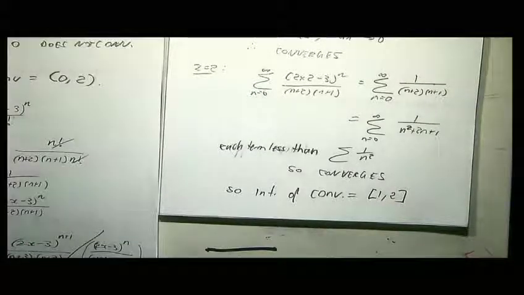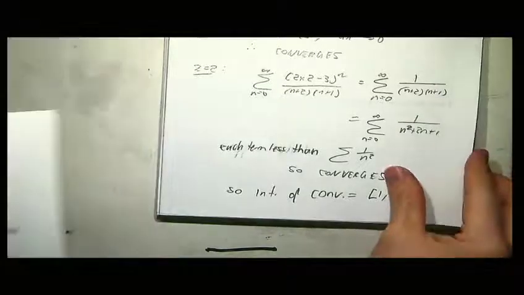The other thing that can happen is it will converge at one end and not the other, and that will usually happen when, if this came out as a 1 over n, then this end wouldn't converge because it's a harmonic series, but the other end would because it's the alternating harmonic series. So I should just write that down.